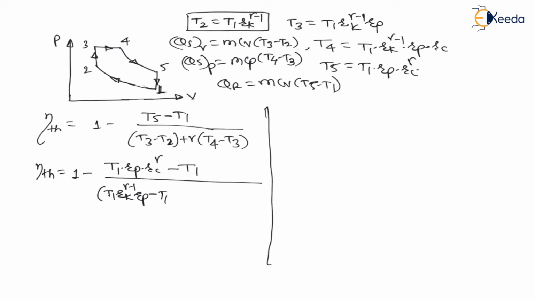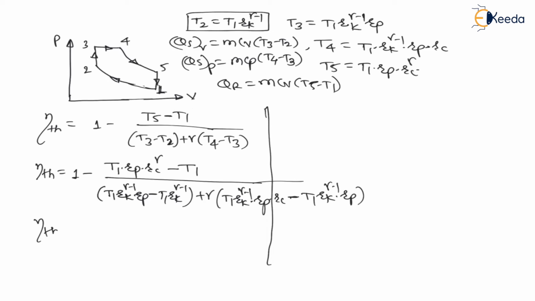T2 is T1 Rk raised to gamma minus 1, plus gamma times T4 minus T3, where T4 is T1 Rk raised to gamma minus 1 into Rp into Rc, minus T3, which is T1 Rk raised to gamma minus 1 into Rp, right? This is the equation.